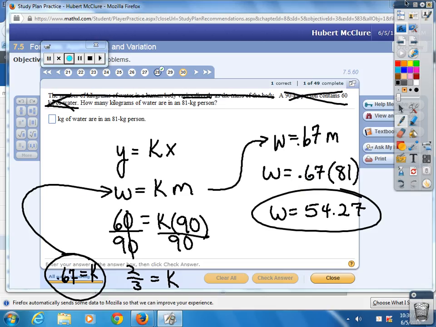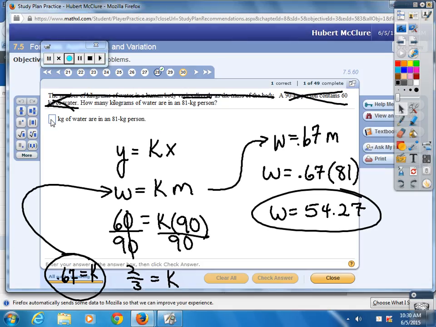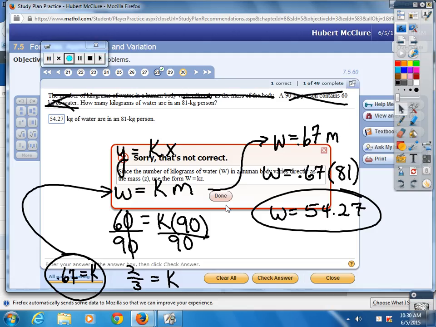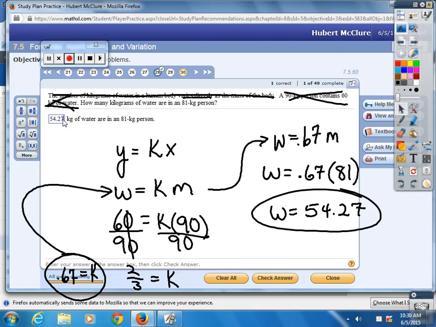Does it say round? No, it does not. So basically, I'll take whatever answer you put in here as long as it's around 54.2 or 54.3 if this is a test question. So I'm going to put 54.27 and see what it says. So let's try 54.3, because all these are whole numbers, are they not?